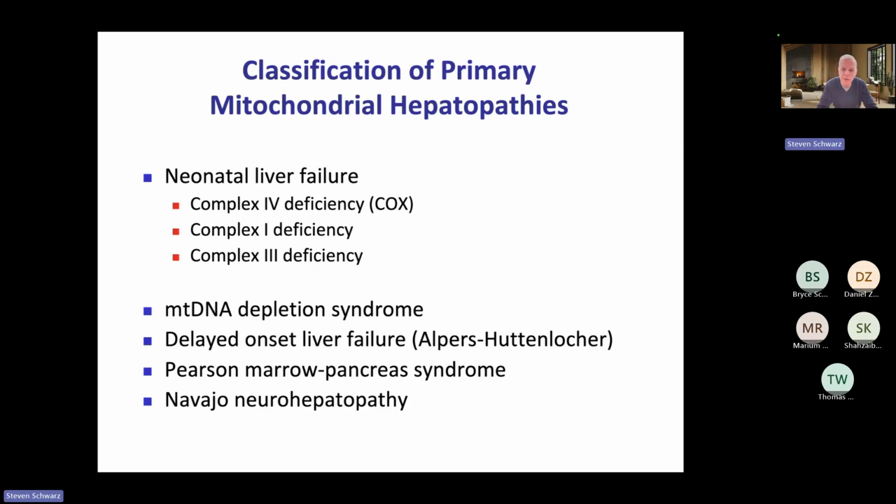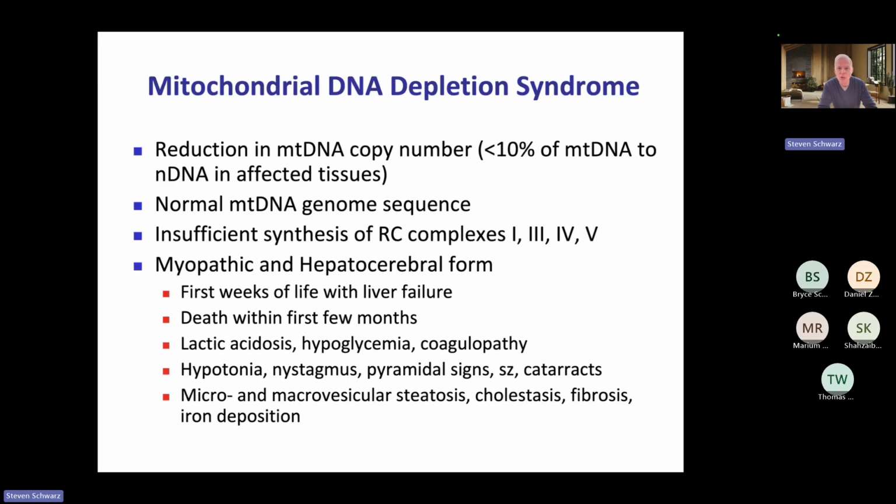The mitochondrial DNA depletion syndrome, in order to be phenotypically apparent, you have to have less than 10% of the normal mitochondrial DNA to nuclear DNA ratio in affected tissues. Generally, there's a normal mitochondrial genome sequence.